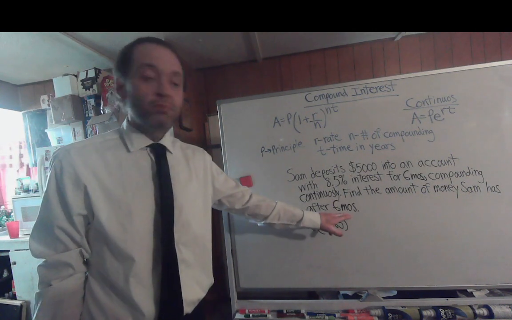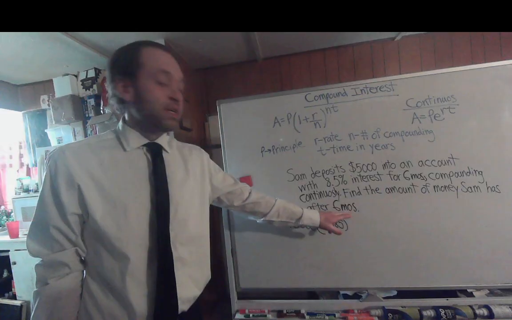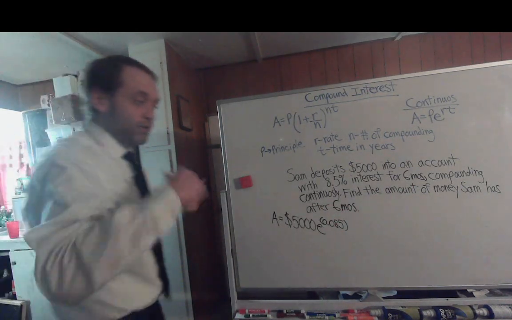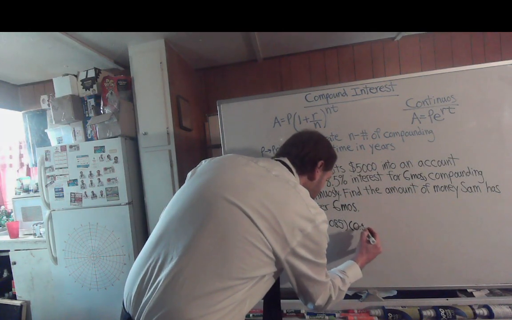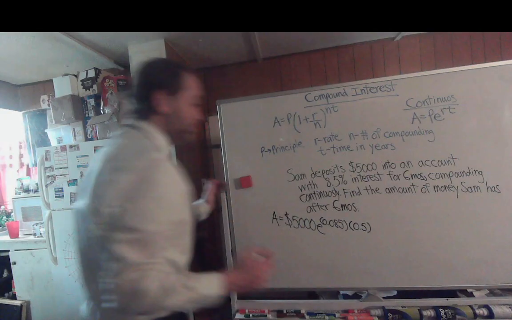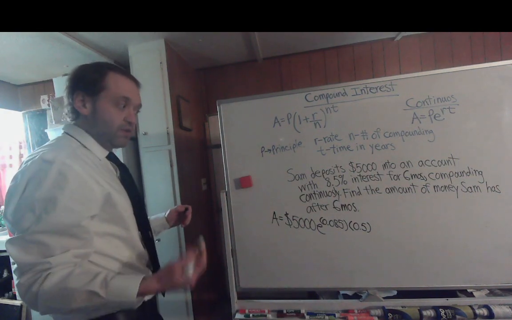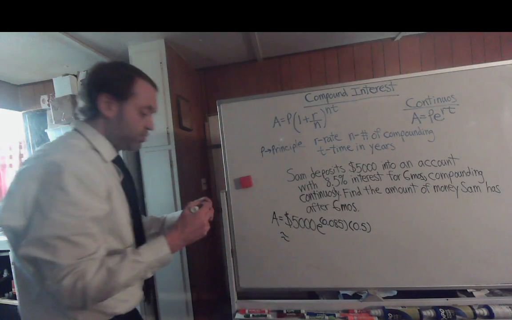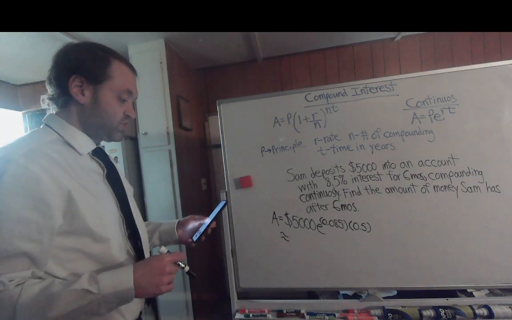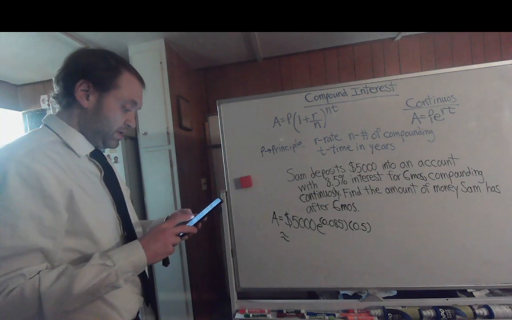So what's 6 months? 6 months is half a year, right? Or we could say 0.5. So that's 0.5 years is 6 months. So now we can get a decimal approximation if you put all this into your calculator. And you see this is a much simpler formula to work with.